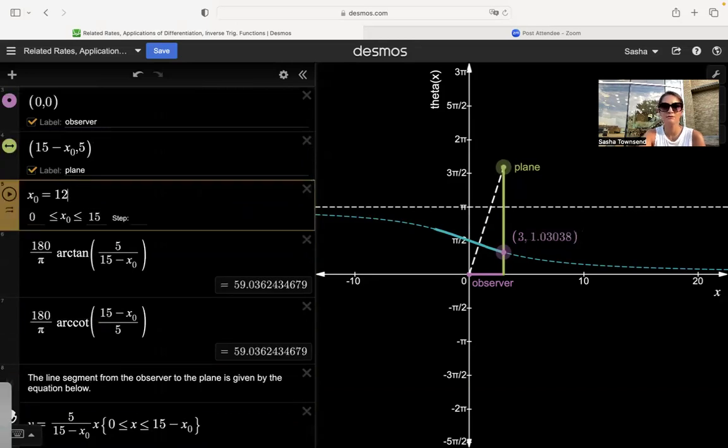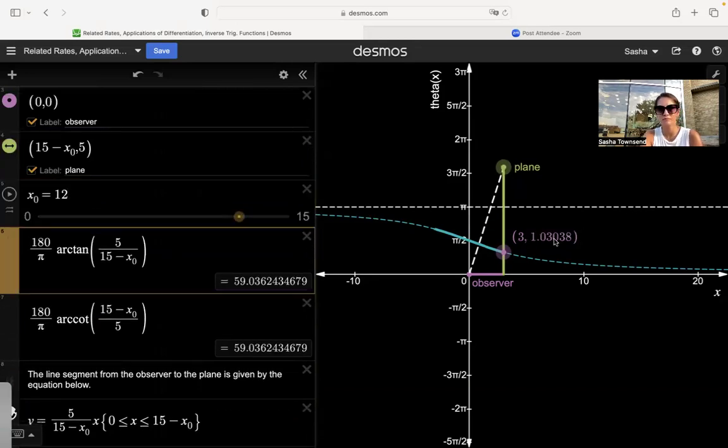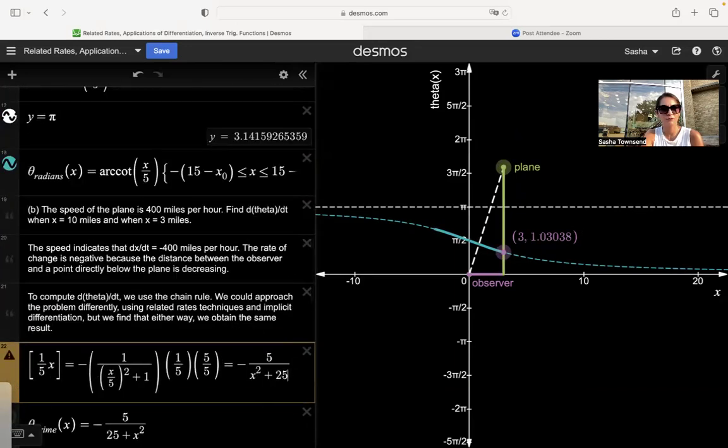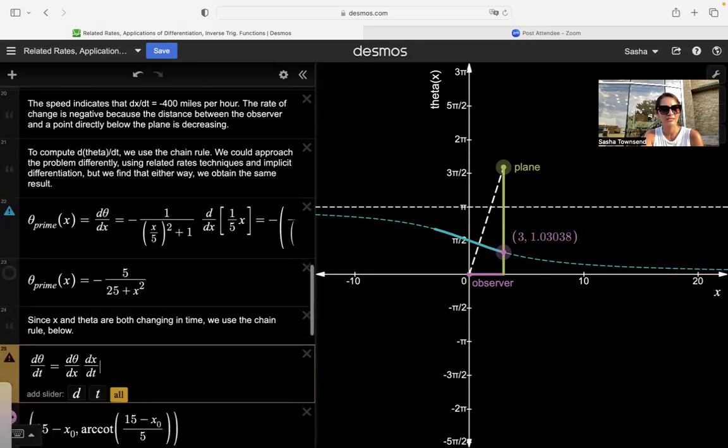So x naught is 12. Here x is 3, and I'm interested in the change in theta with respect to time as time increases.